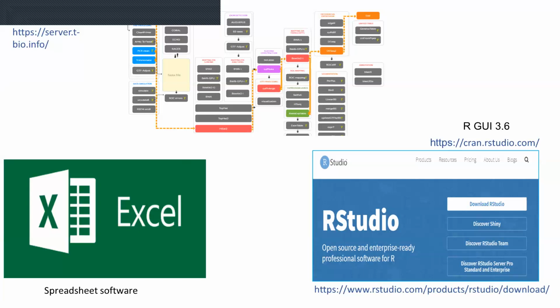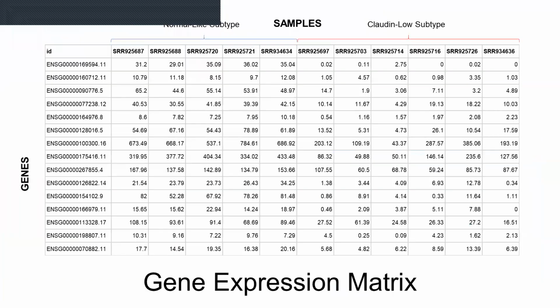So he showed you how to download FASTA file, GTF file, and the NCBI run table. So you upload those three and create a pipeline like this. In the end, you would get an expression table. But the very important step is how to manage that table that you got.